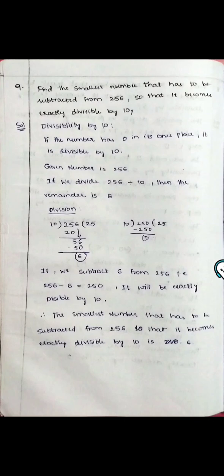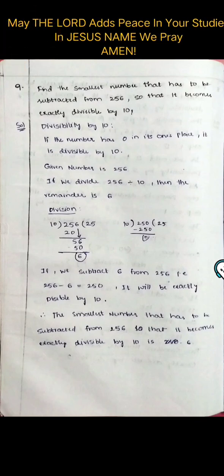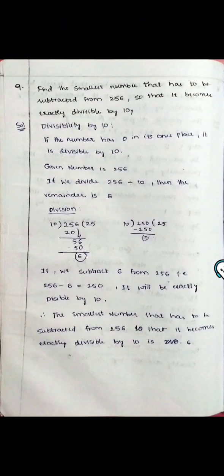If we subtract 6 from 256, the number becomes 250, and it will be exactly divisible by 10, because the number should have 0 in its ones place, only then will it be divisible by 10. Therefore, the smallest number that has to be subtracted from 256 so that it becomes exactly divisible by 10 is 6. Thank you.